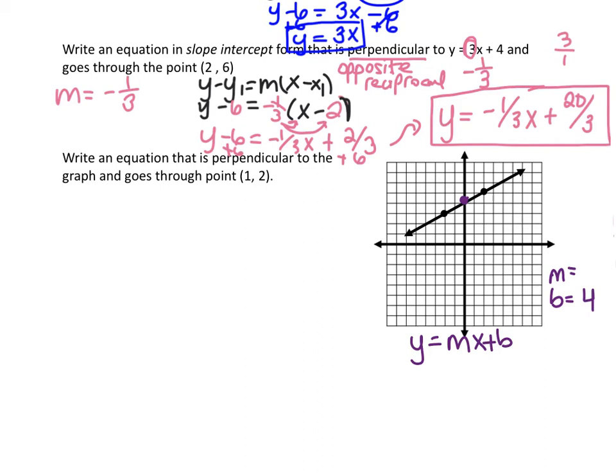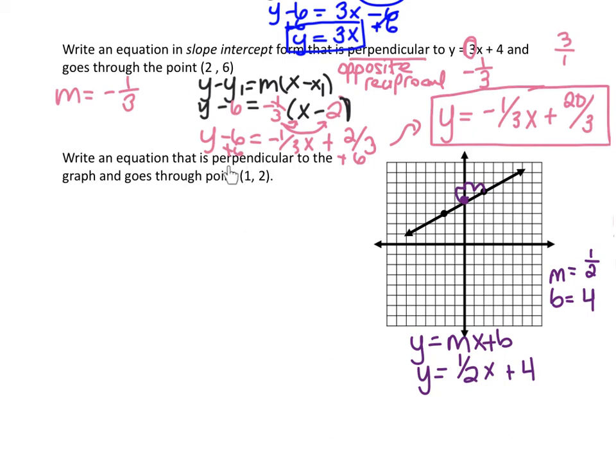And then what's our slope? Okay, remember we can look from point to point. So we go up 1, to the right 2. So we have a slope of 1/2, meaning the equation for this line is y equals 1/2 x plus 4. Okay. Now I can look at my question and figure out where to go now.